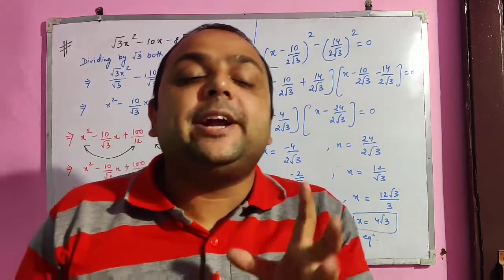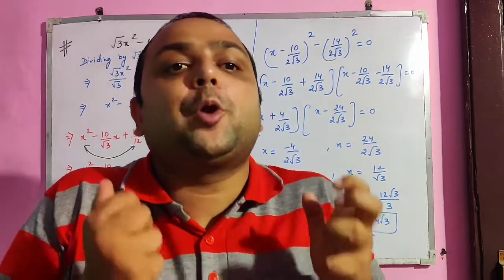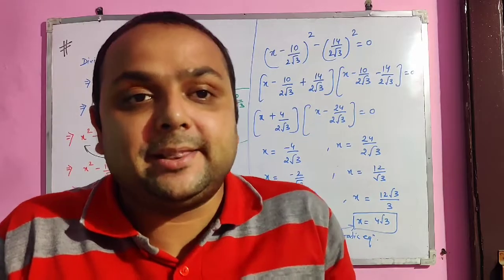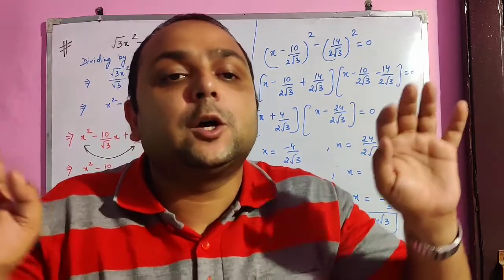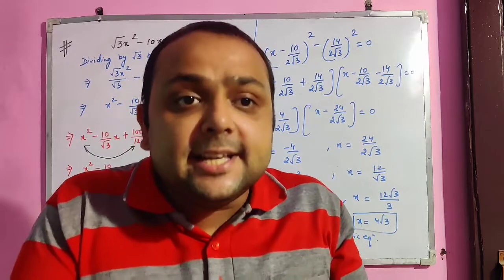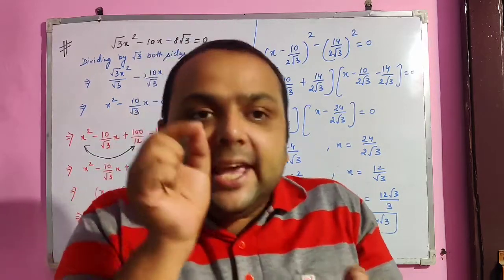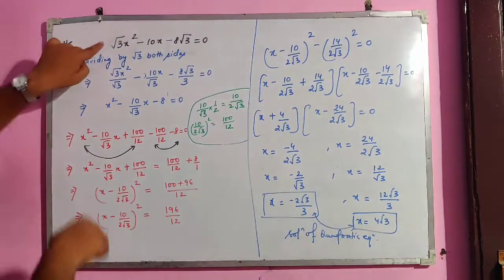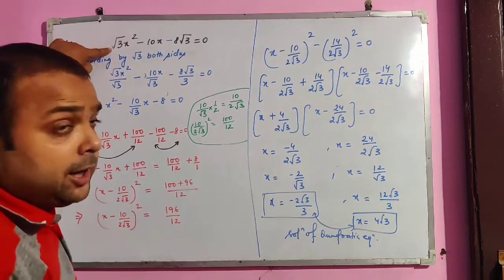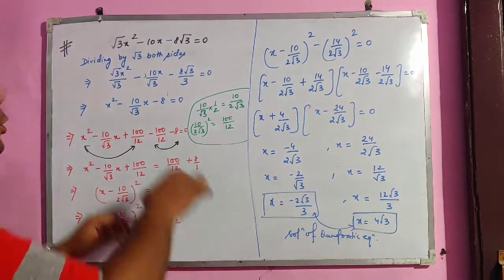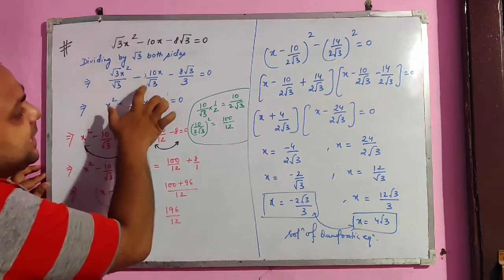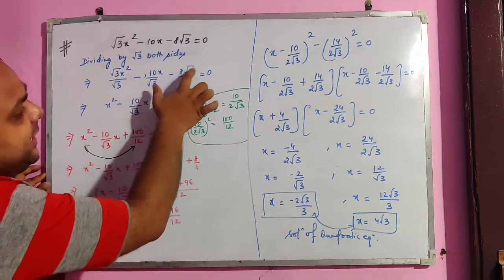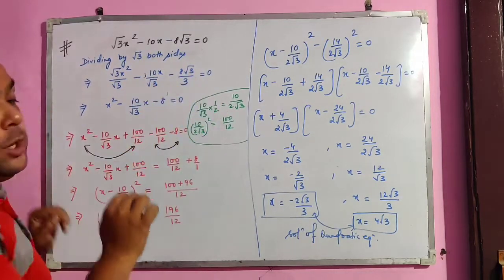The first step that we should remember to solve a problem by the completing the square method is dividing the whole equation by the coefficient a, that is the coefficient of x square. So the value of a is root 3 here. Dividing the whole equation by root 3, we get root 3 by root 3 x square minus 10 by root 3 x minus 8 root 3 by root 3 equal to 0.